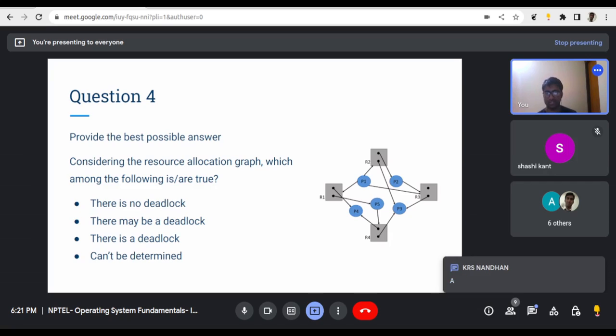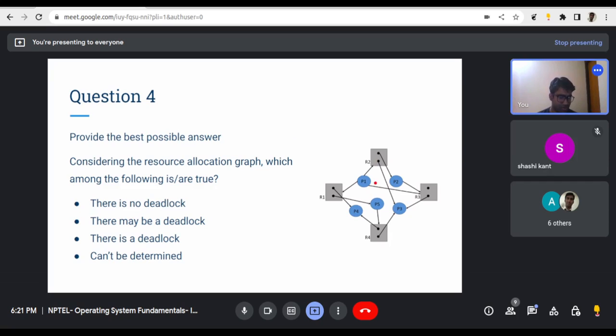Okay, I got one answer. Anyone else would like to contribute? Okay, let's study this graph for a bit.